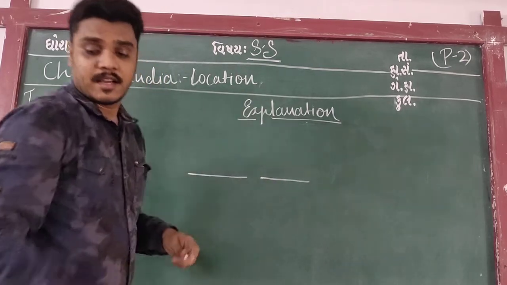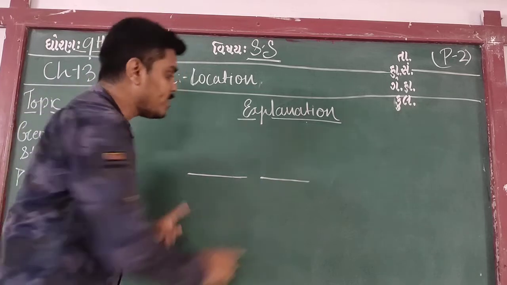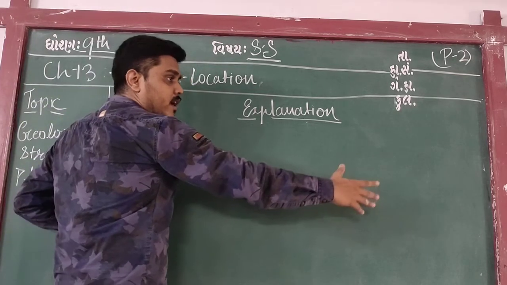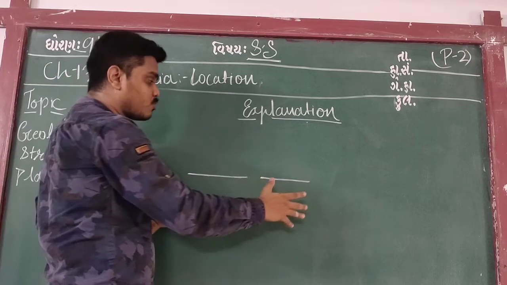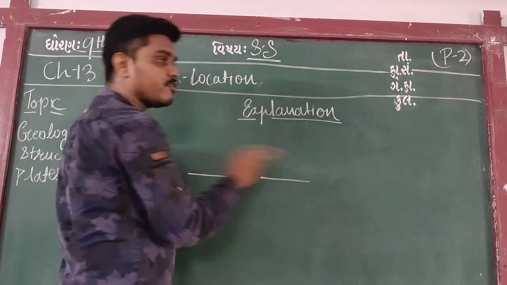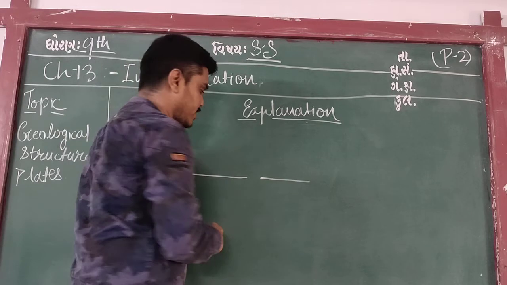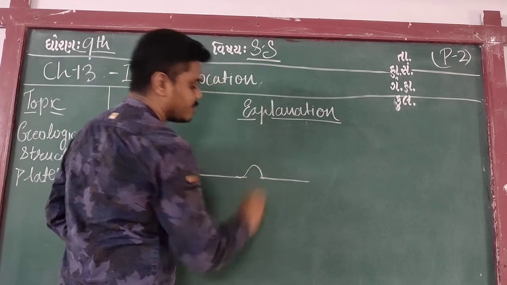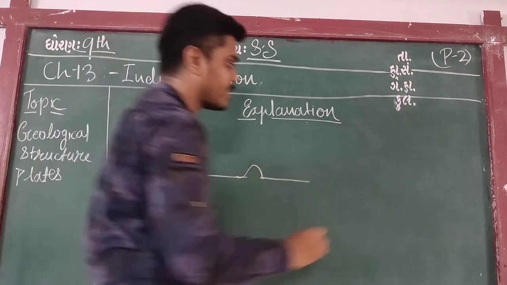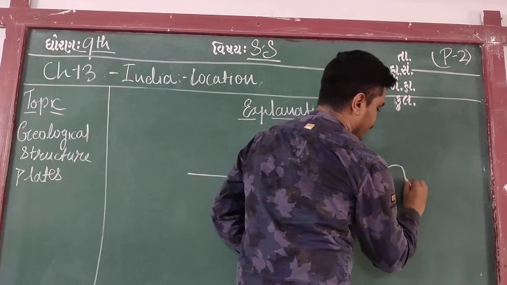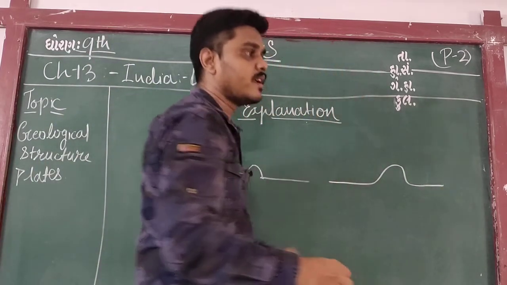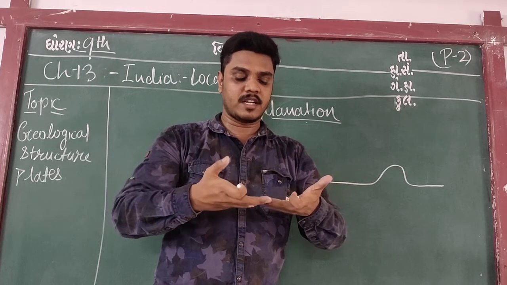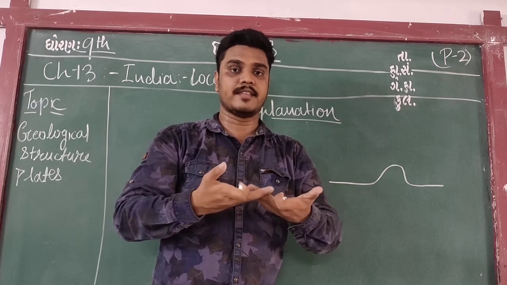Now again, two divergent plates, or two plates which are far from each other, come near towards each other, and they converge with each other or merge with each other. They will become like this. Are you getting? Like this. When they come near each other, they will not be like this. They will do like this.